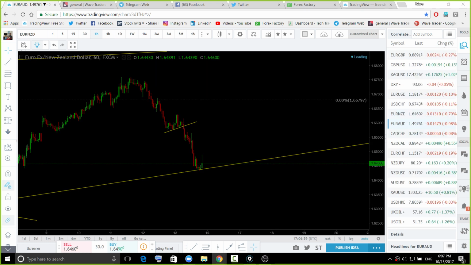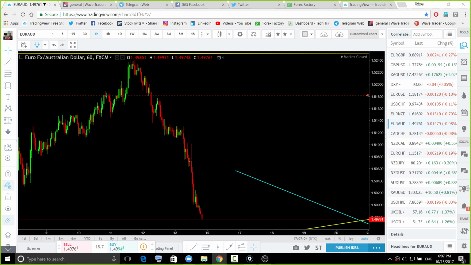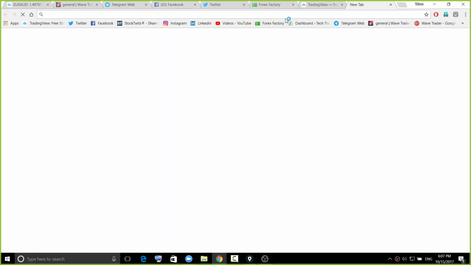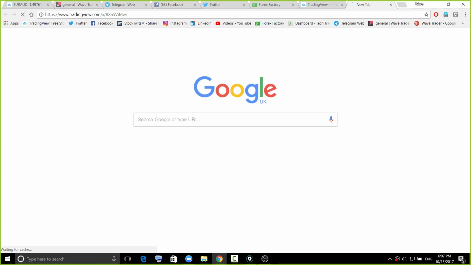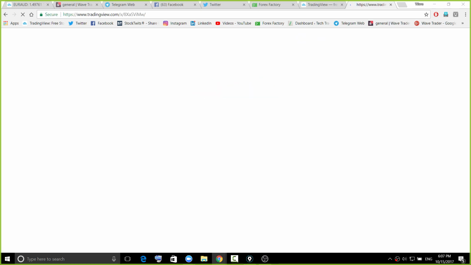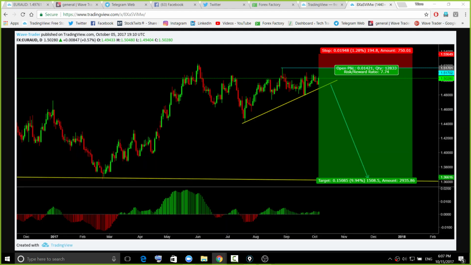EUR/AUD started to fall pretty aggressively. If you remember, I think I showed that chart last week. Yeah, so that was the trade we were looking for.